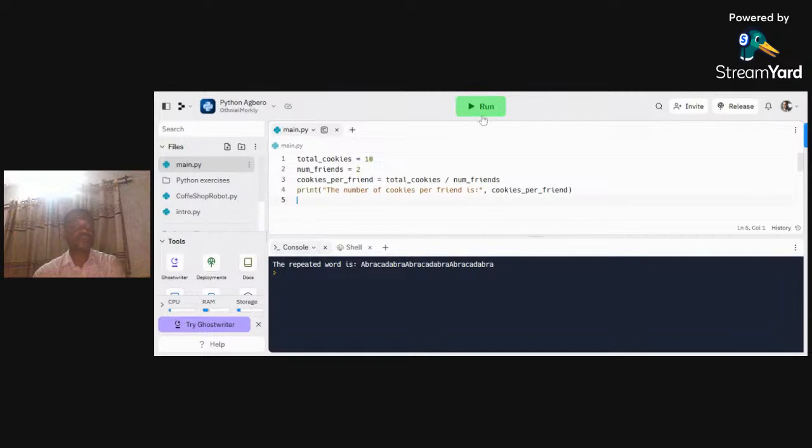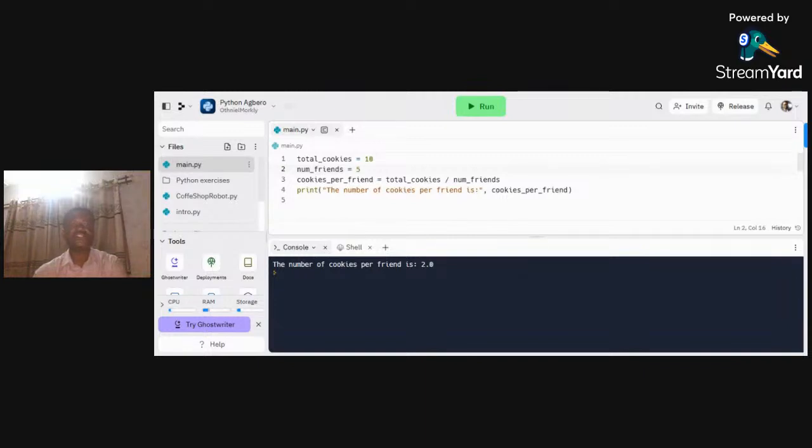Print the number of cookies per friend is, and it should give us what is inside this. So when we run the code, the number of cookies per friend is 5.0, right? If we changed it and made it 5 friends instead, what will it do? Number of cookies per friend is 2.0. You understand?